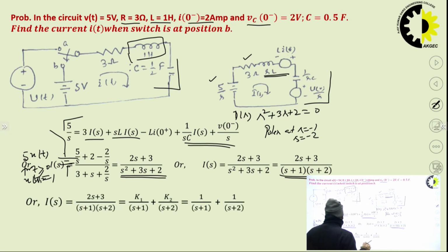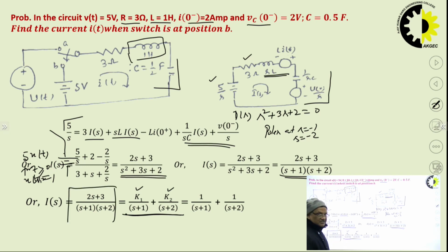Similarly, we can write k1 by s plus 1 and k2 by s plus 2. This is the partial fraction expansion of this expression 2s plus 3, because we can carry out the partial fraction expansion when the function is rational, and this function is rational because the degree of the numerator polynomial is lower than the degree of the denominator polynomial. So, we can find k1 and k2, which are 1 and 1.